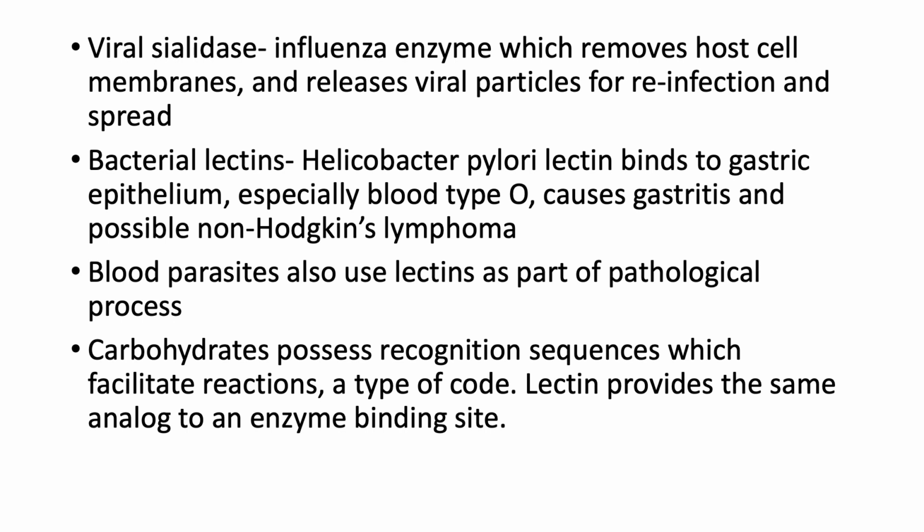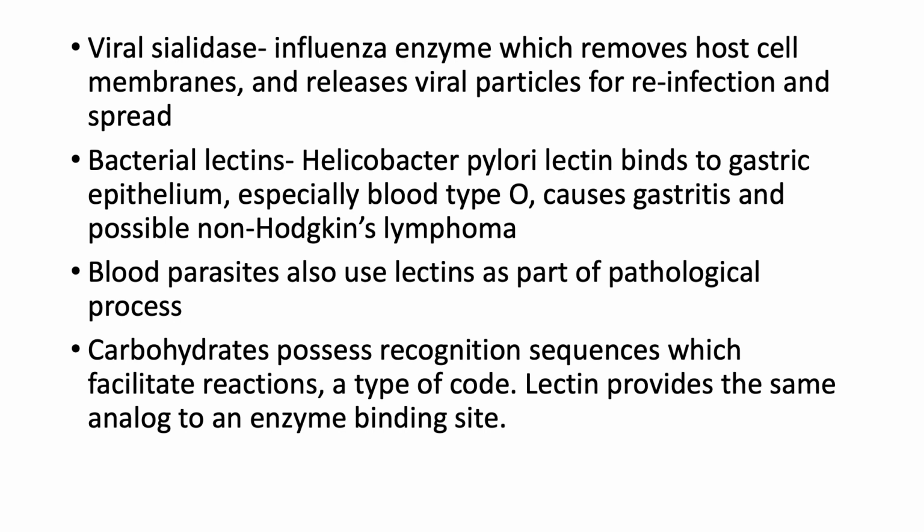Viral sialidase is an influenza enzyme which removes the host cell membranes and it releases viral particles for reinfection and spread. This is another polysaccharide. Bacterial lectins: Helicobacter pylori lectin binds to gastric epithelium, especially blood type O, and causes gastritis and possible non-Hodgkin's malignant lymphoma.